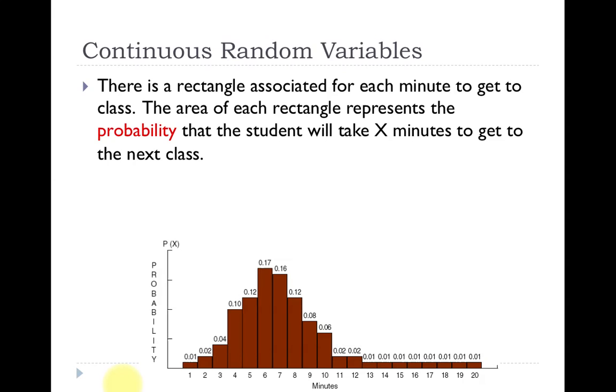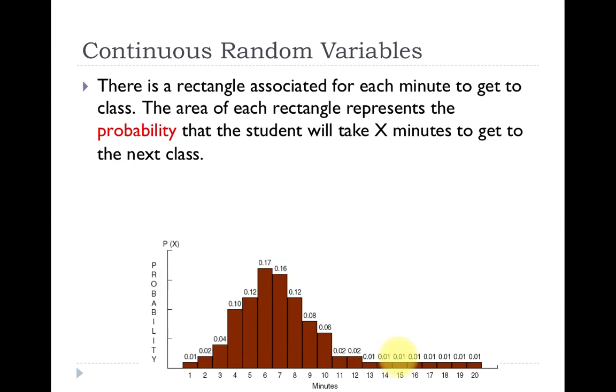The area of each rectangle represents the probability that the student will take X minutes to get to the next class. So the probability that a student will take, for example, 10 minutes to get to the next class is 0.06 or 6%. The probability that it will take a student 15 minutes to get to class is 0.01 or 1%.